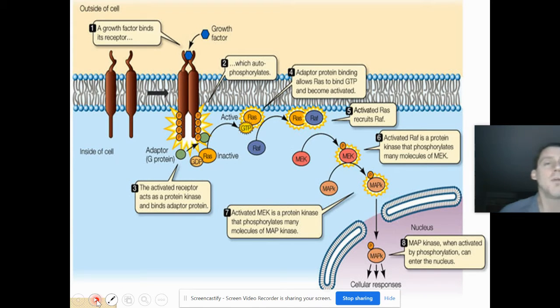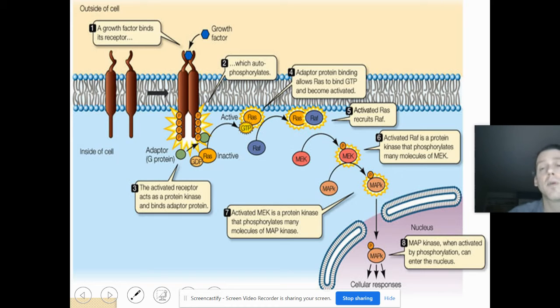Here we have an example. What type of receptor is this? So this is one of those tyrosine kinase receptors. And as we know, when it is phosphorylated and activated, it can activate a protein. And now that protein can activate a protein called RAS. RAS can activate a protein called RAF. RAF, once it's active, can activate a protein called MEK.